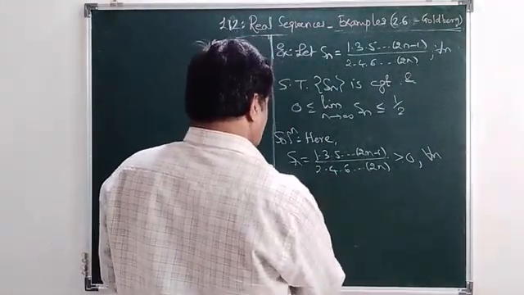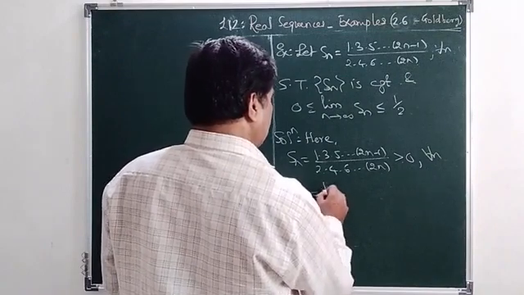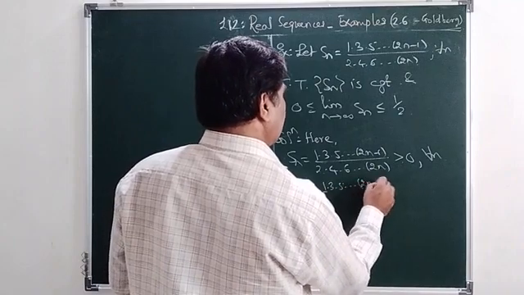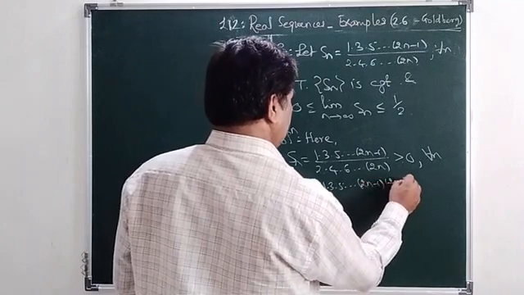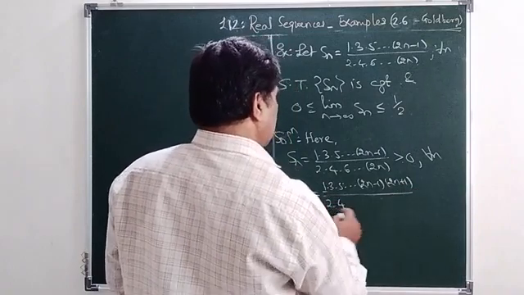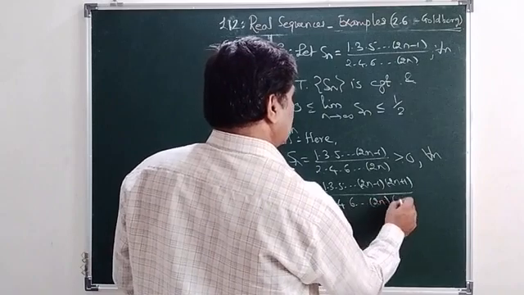Now, therefore, what is your Sn plus 1? Sn plus 1 will become 1, 3, 5, and so on, 2n minus 1, next odd number is 2n plus 1, in the numerator, and in the denominator the product of even numbers, 2n, next is 2n plus 2.